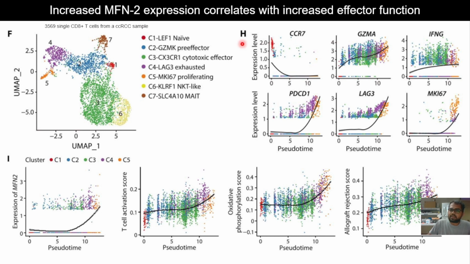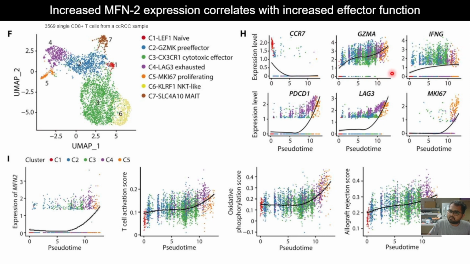Similarly, the y-axis is showing expression of different markers like granzyme, interferon gamma, Ki67 basically, and LAG3, and they correlated this expression with the MFN2 expression. You can see here there is a decrease in CCR7 which suggests that the naive cells are decreasing.